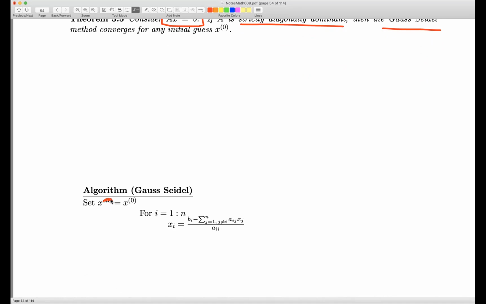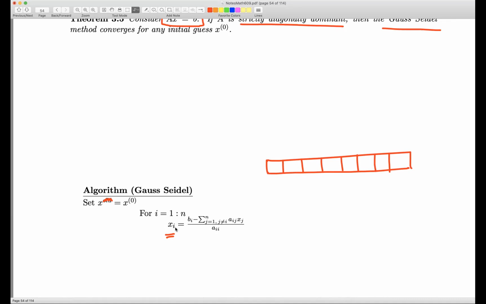And then we will have the loop that will compute the components of this vector. Once we run this loop, what will happen? Here these will be the n components of the vector. When we start, everywhere will be the components of x0.